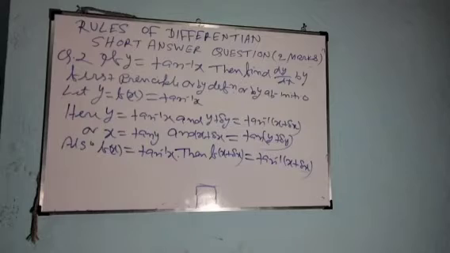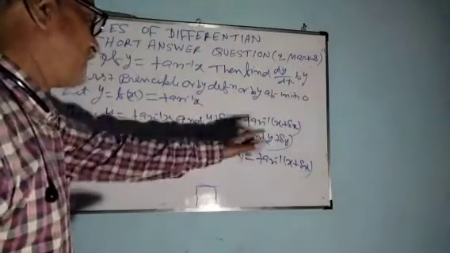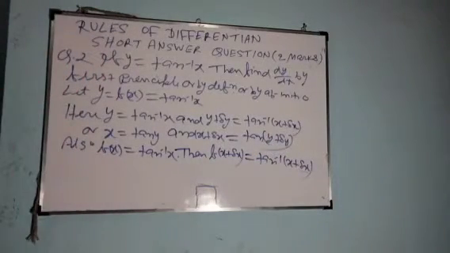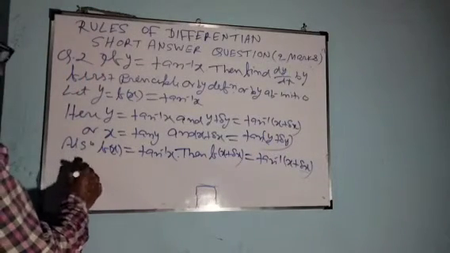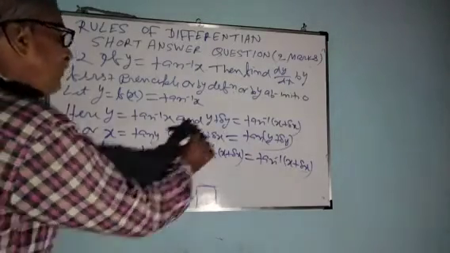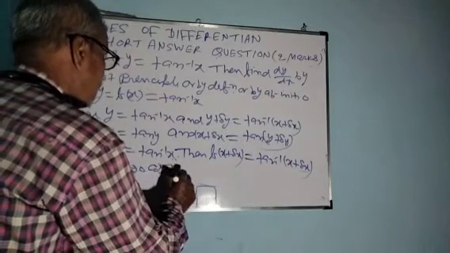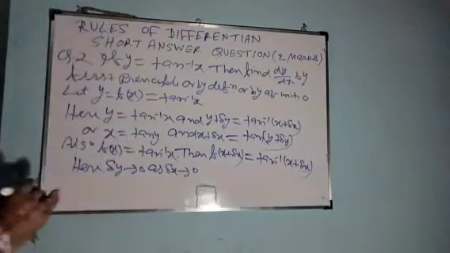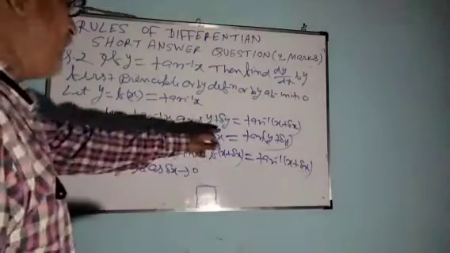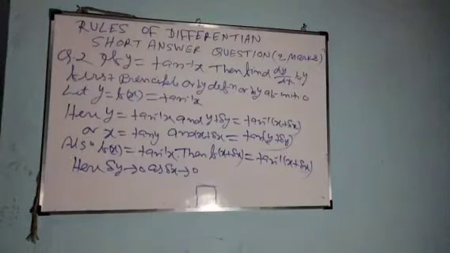So here delta y tends to 0 when delta x tends to 0. Obviously delta y tends to 0 as delta x tends to 0.